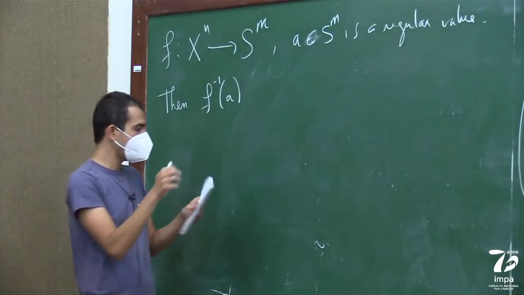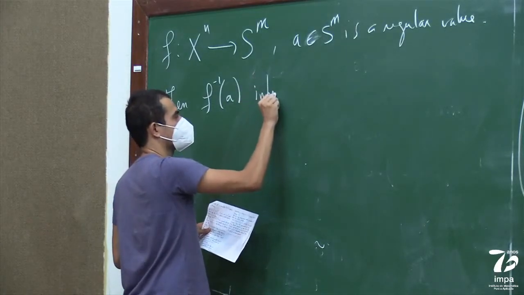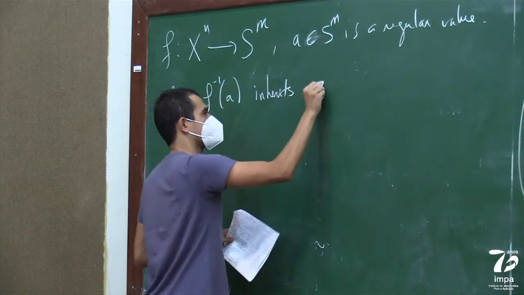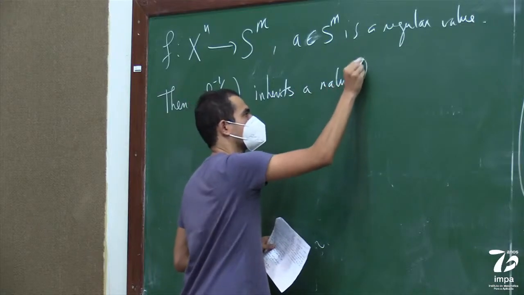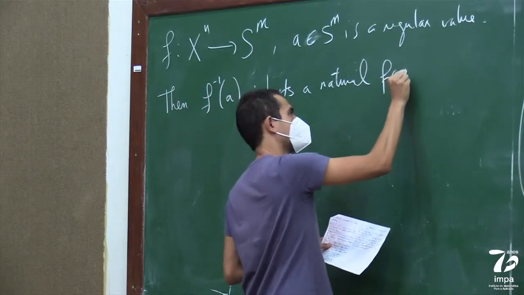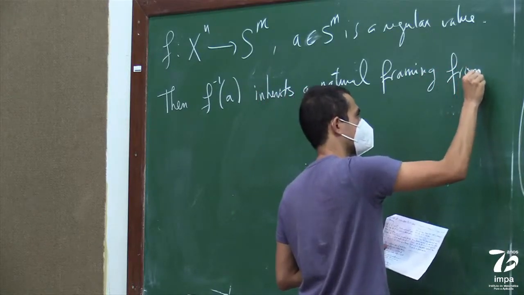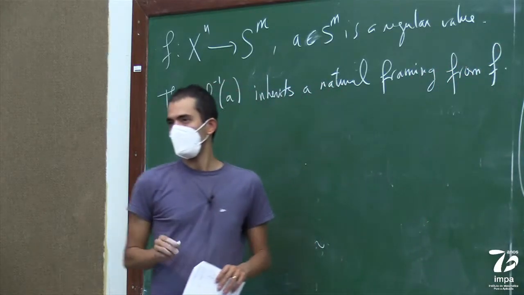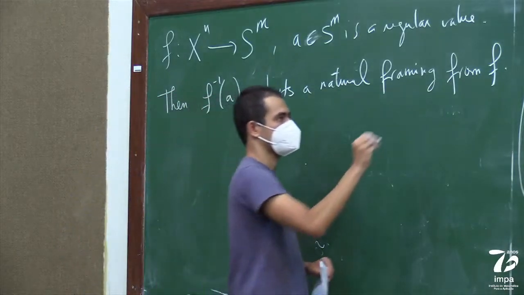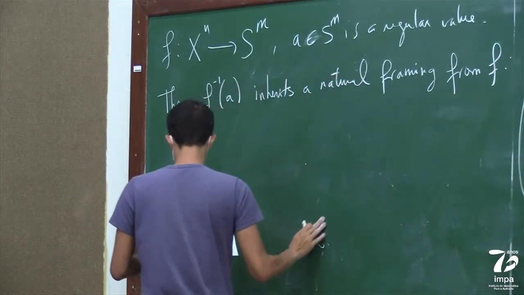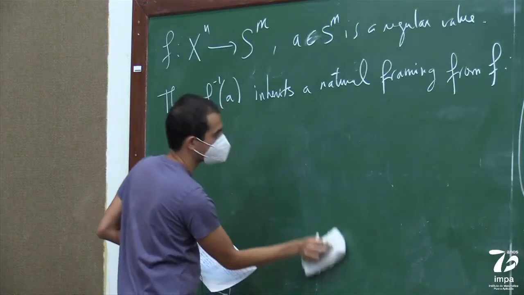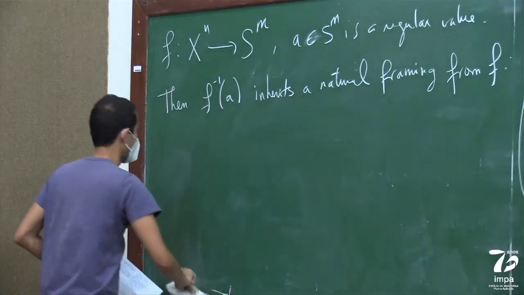So it inherits a natural framing from F. And how does that work?